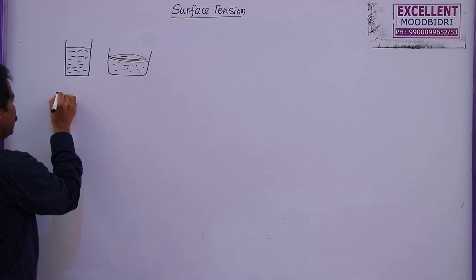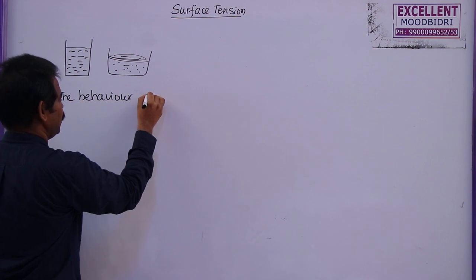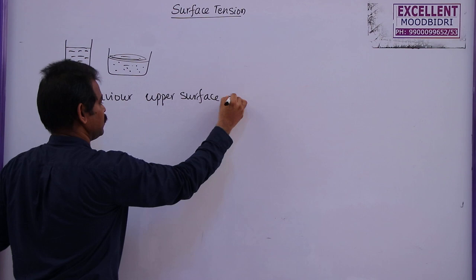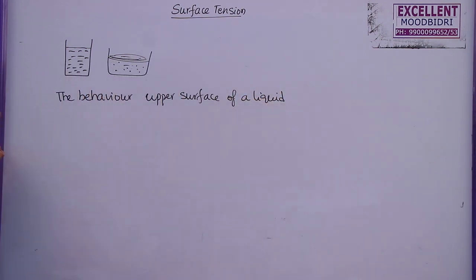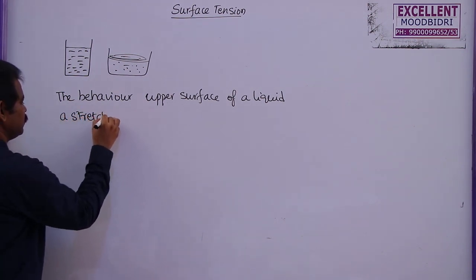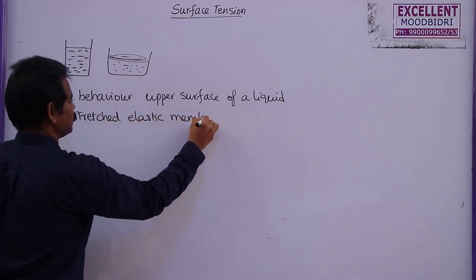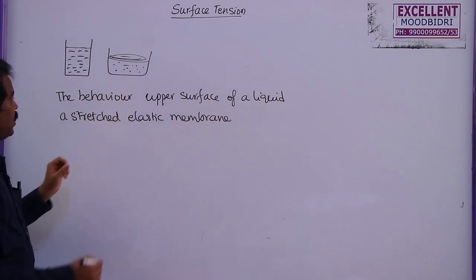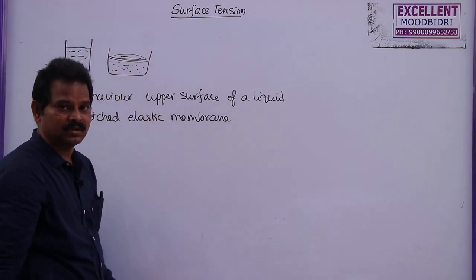So, the behavior of the upper surface of a liquid, which behaves as a stretched elastic membrane which possesses more energy than the molecules present just below it, is called surface tension.